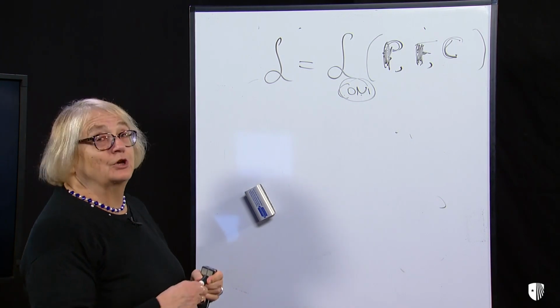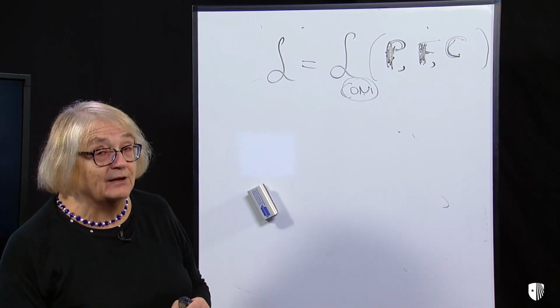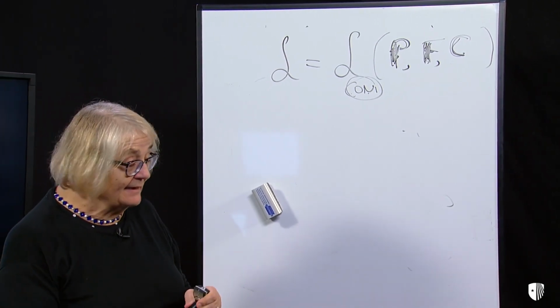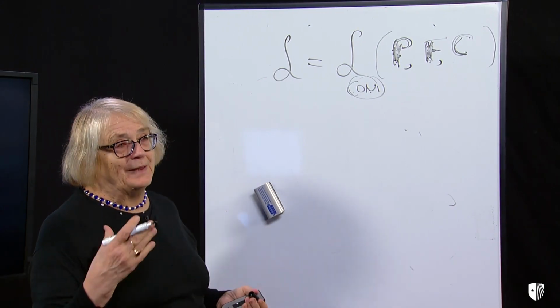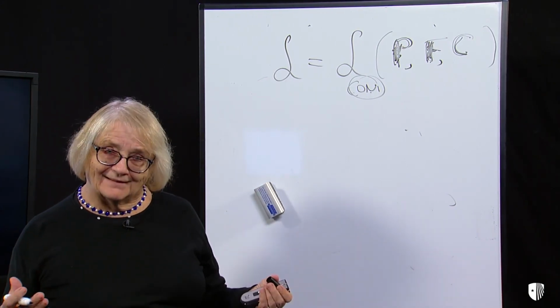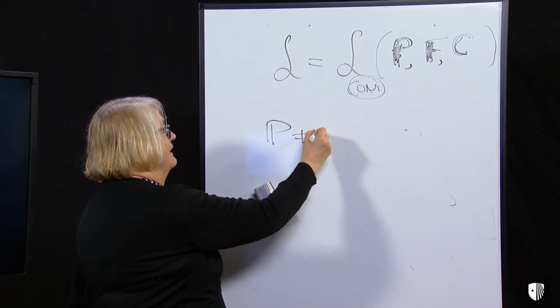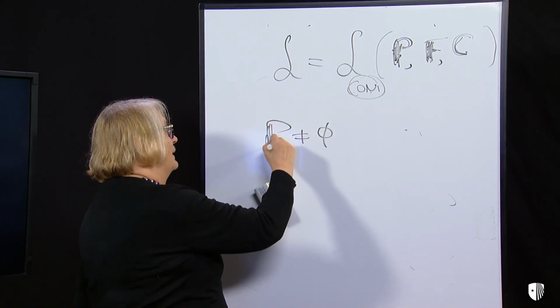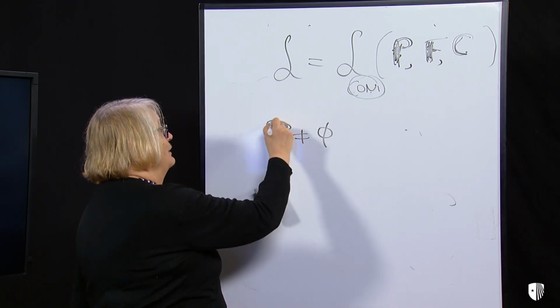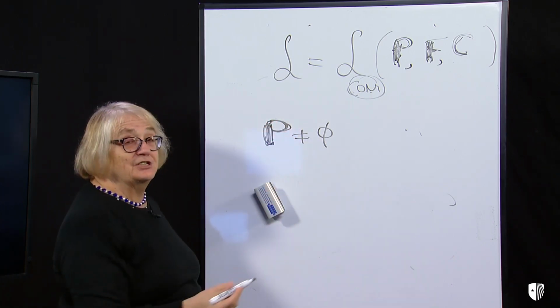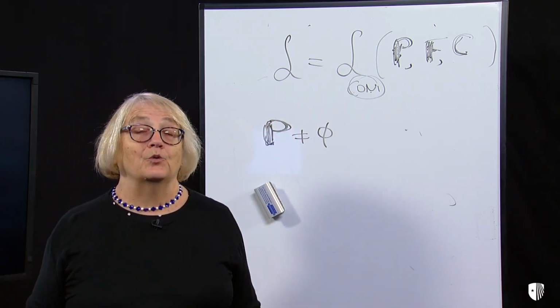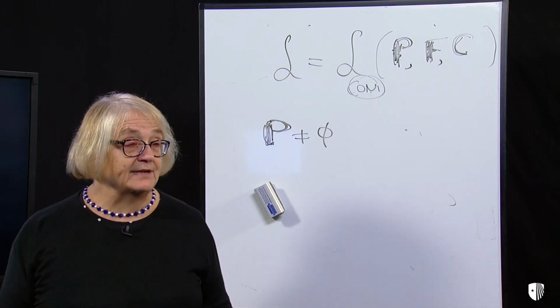Now, of course, we talk about predicate languages, which we already had on slides, but to be able to say that it's a predicate language, we have to assume that the set of all predicate symbols, which represent relations, is non-empty. So we need to have at least one relation.